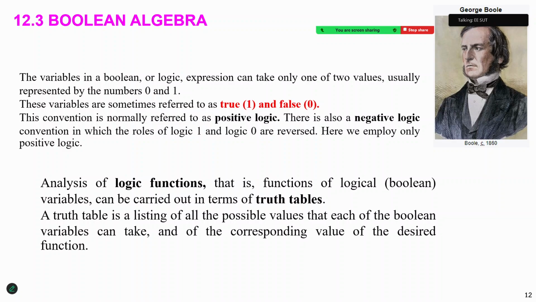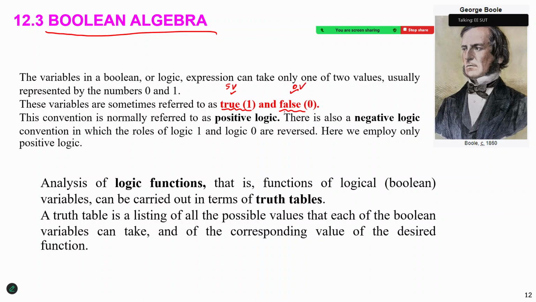Okay. So now we will talk about Boolean algebra. Boolean algebra is logic, where we represent true and false. If the signal is there, it's true, and if the signal is not there, it's false. For example, 5 volts is true and 0 volts is false.